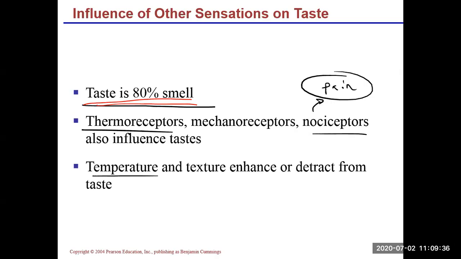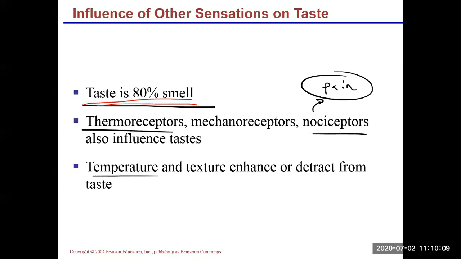But a lot of things influence our taste, including thermoreceptors, which is again the ability of substances getting dissolved. It plays an important role. Having your ice cream when it's completely melted, it will taste very sweet because there's a lot of sugar now dissolved. Mechanoreceptors, how you feel with your touch receptors on the surface of your tongue.